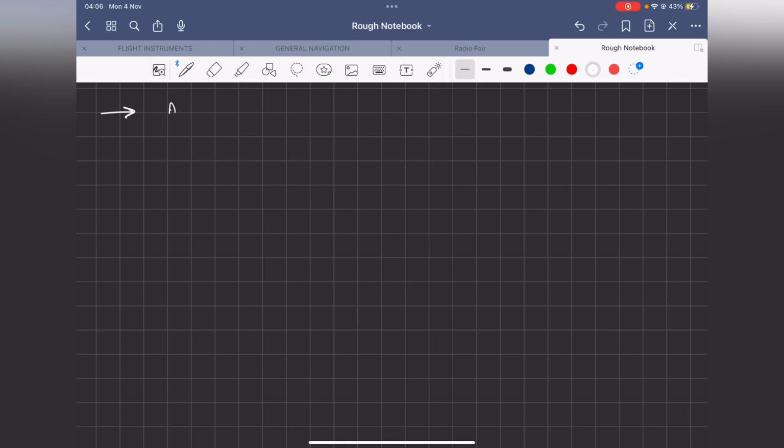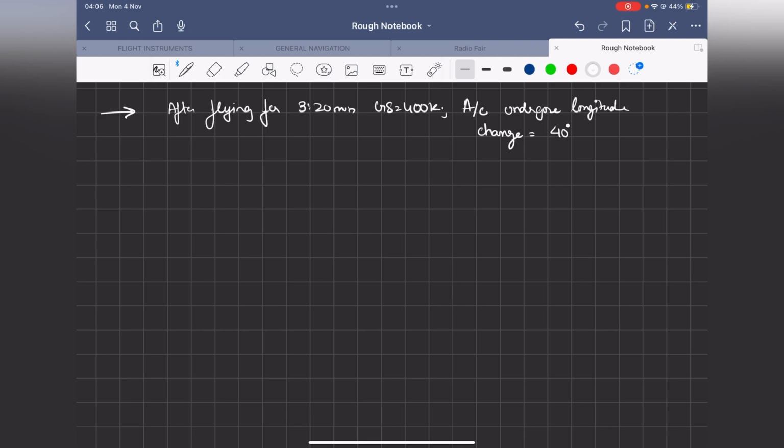So the question says, after flying for 3 hours 20 minutes at a ground speed of 400 knots, the aircraft has undergone a longitudinal change of 40 degrees while flying along parallel of latitudes.